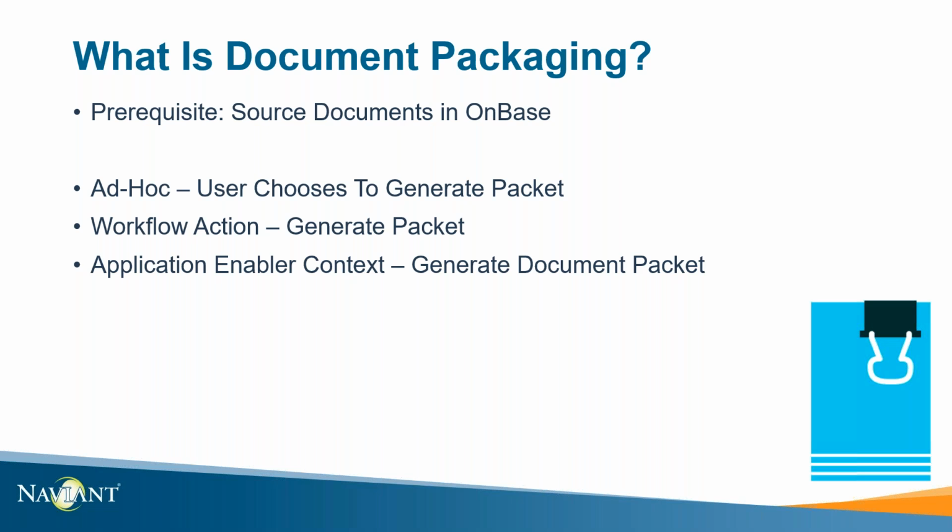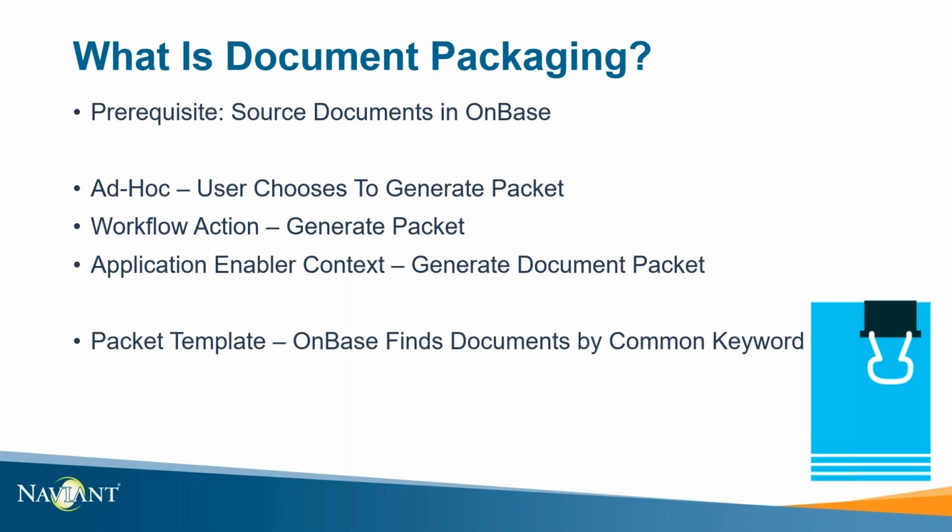For those that are not in the know, Application Enabler now gives you some capabilities to invoke OnBase in a variety of different ways from a variety of line of business applications. There is a context within Application Enabler that allows us to generate these document packets based upon the information on that line of business screen that you have up in front of you. So those are really the three major ways that you invoke the creation of these document packets.